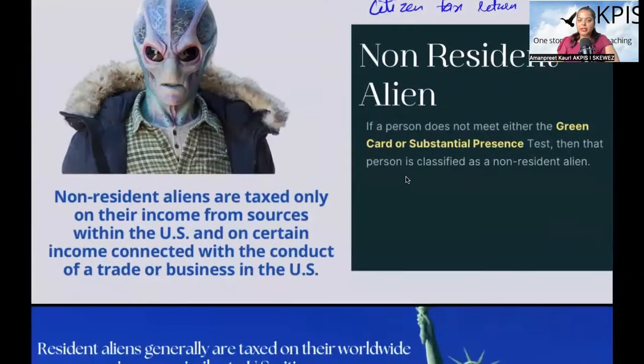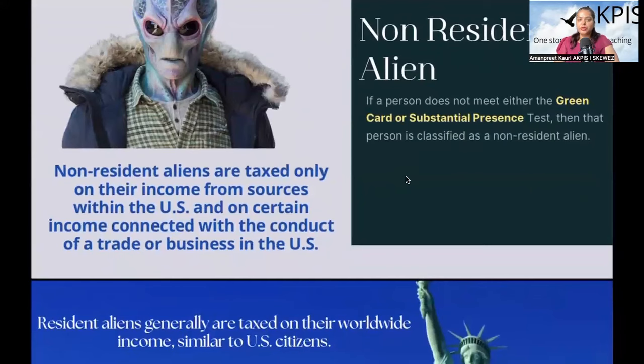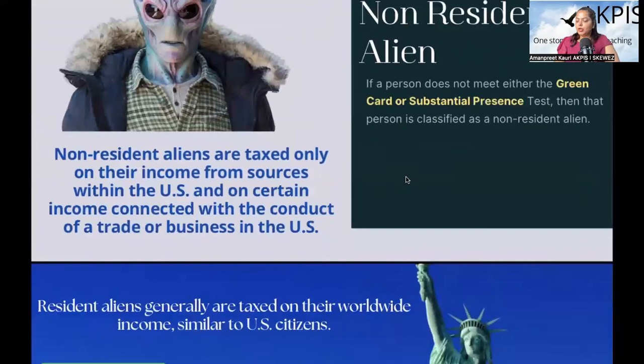So if I specifically talk about the non-resident alien, right? Who is that person? Because we discussed the US citizen as well as the resident alien of the US, they're supposed to file their income tax return with the IRS of the US, right? So who is a non-resident alien?